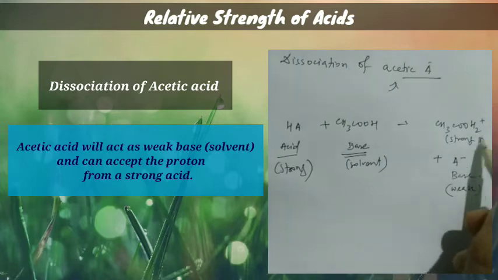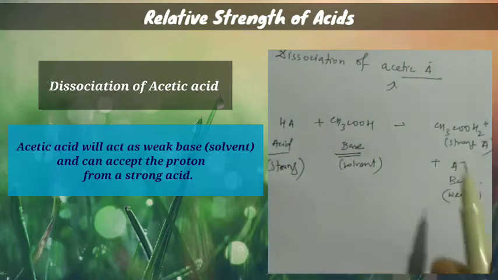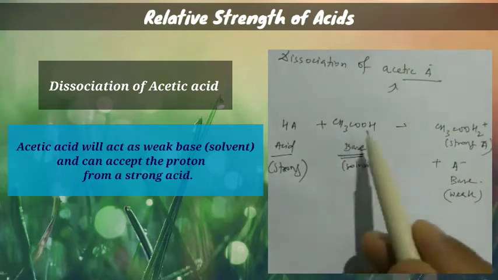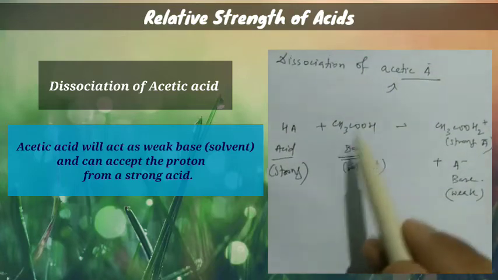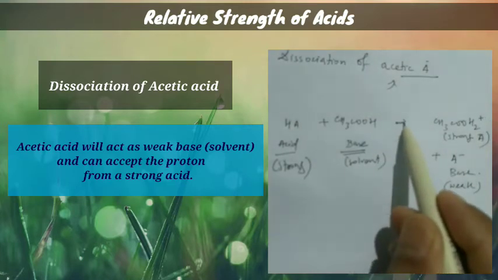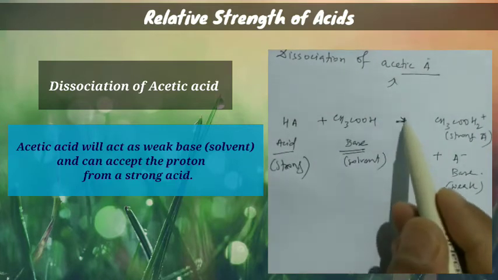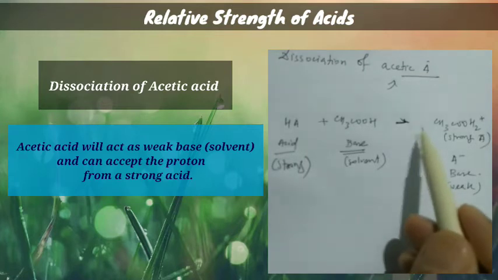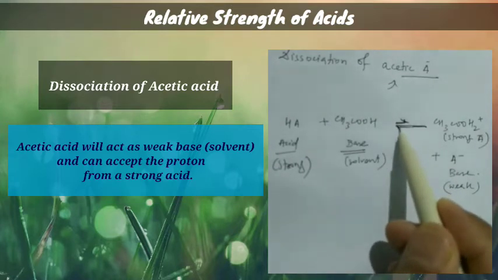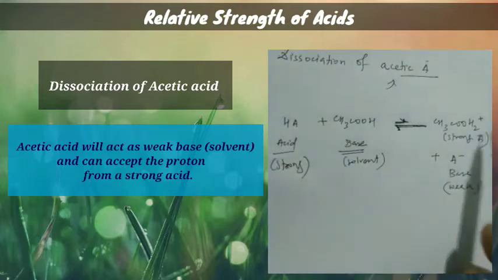It acts as a weak base, but the other one acts as a strong acid, understand? But here acetic acid is a very weak acid, so the forward reaction rate is very small compared to the backward reaction. So it is very hard to observe these products.